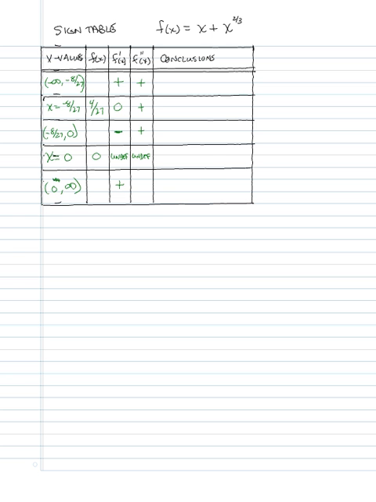Now, we check the second derivative in the interval from 0 to infinity. We could use a 1. And if we did, we would find out, oh, and I'm wrong. Okay, I'm sorry. I really apologize for this.